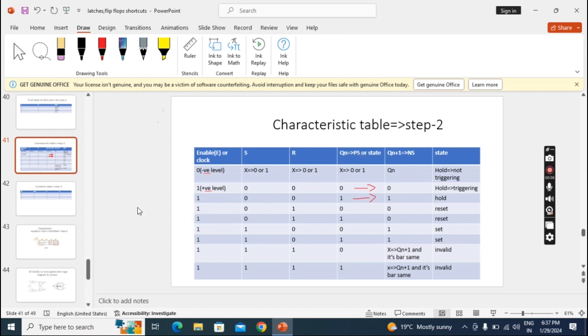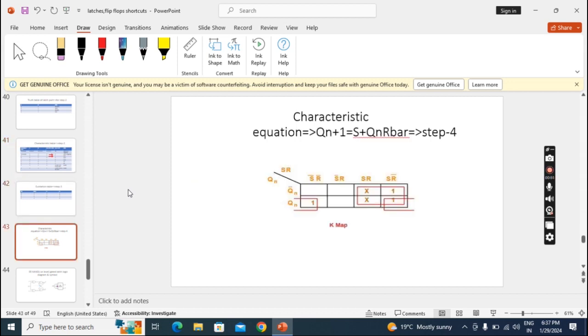So whatever the 1 values or X values, if we are doing it with an SOP map, we have to substitute those in the K-map and determine the equation. So I substituted and I determined. I got Qn plus 1 equal to S plus Qn R bar.